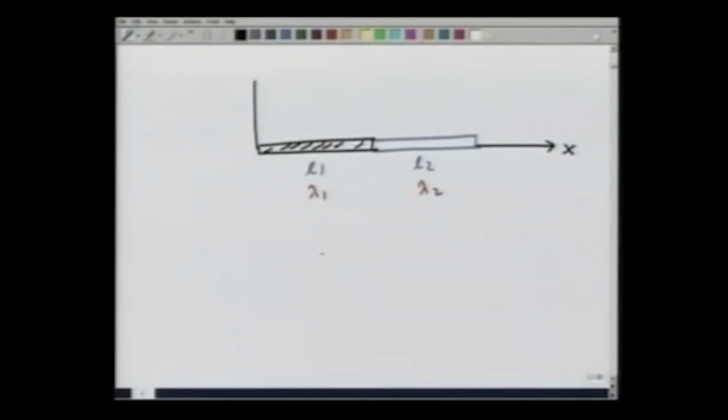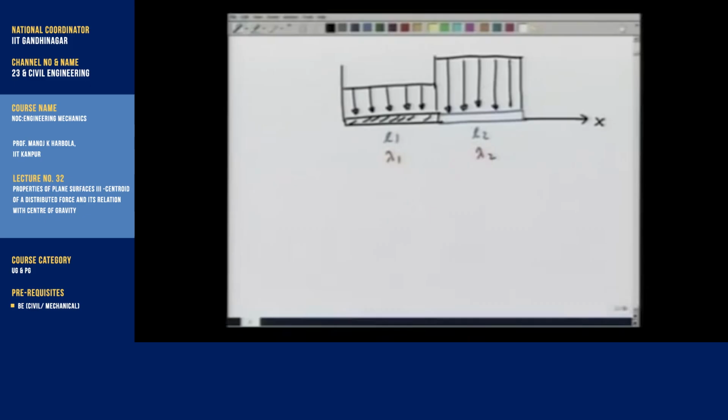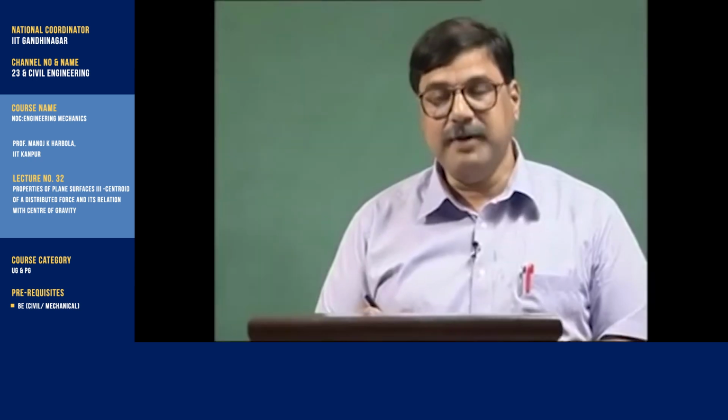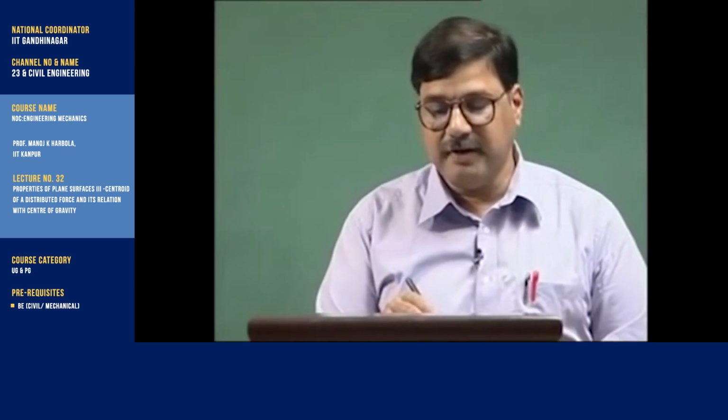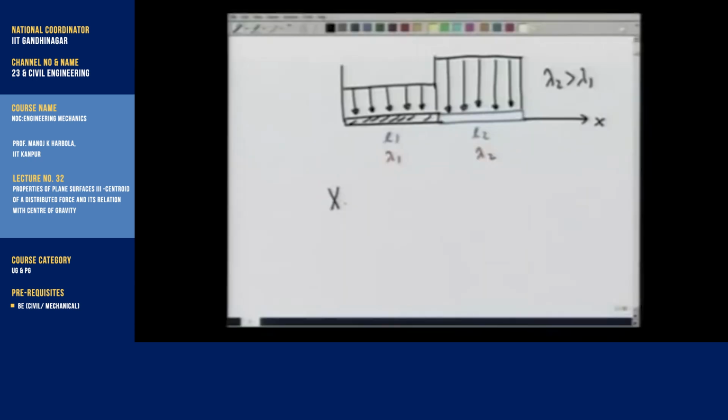If I plot the load curve, it will be constant, lambda 1 g per unit length here, and if we assume lambda 2 to be greater than lambda 1, and I wish to calculate the center of gravity. By definition, the center of gravity is the centroid of this load curve.